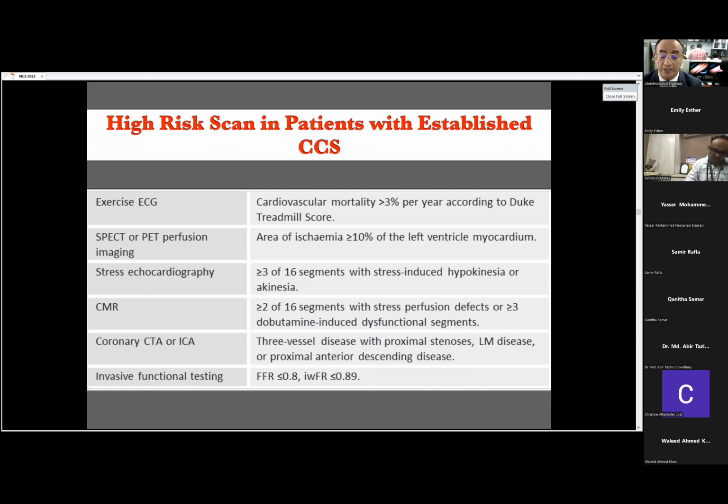So if there is significant ischemia in all these stress modalities, including CT and invasive coronary angiography, mainly in the left main or LAD, you have to do revascularization for this group of patients before non-cardiac surgery to minimize perioperative MI and sudden cardiac death.